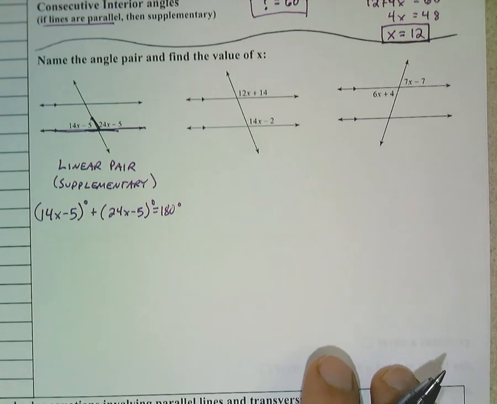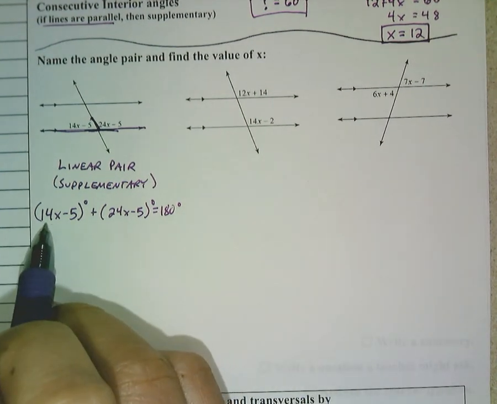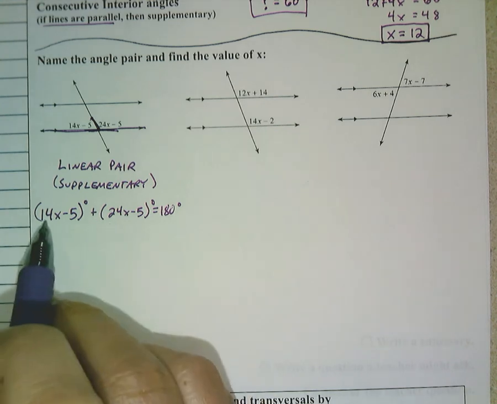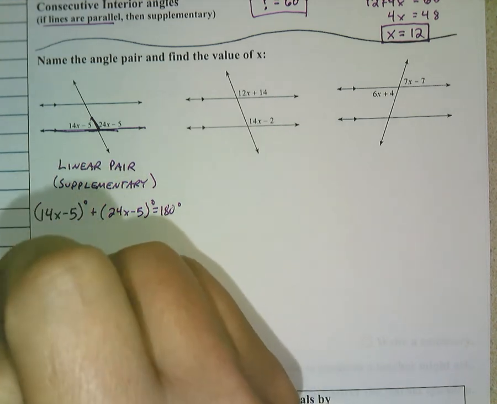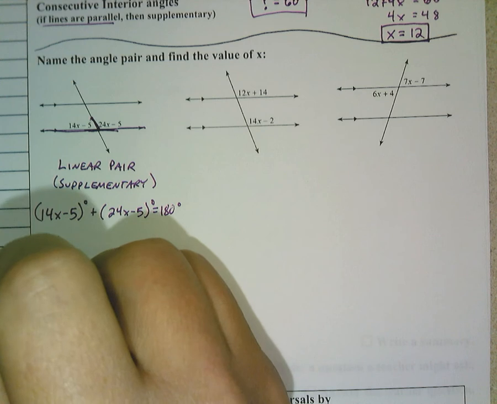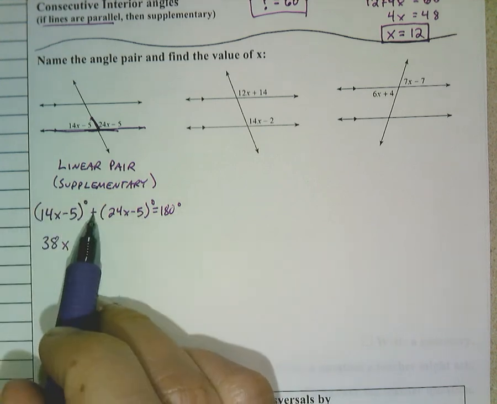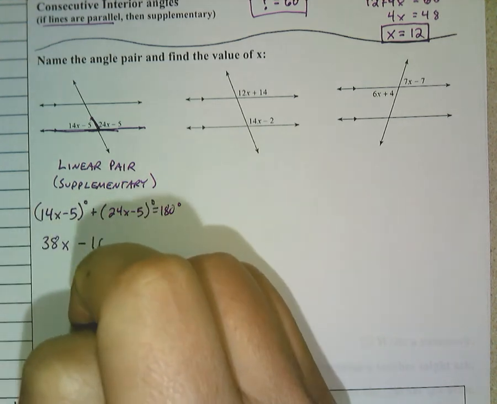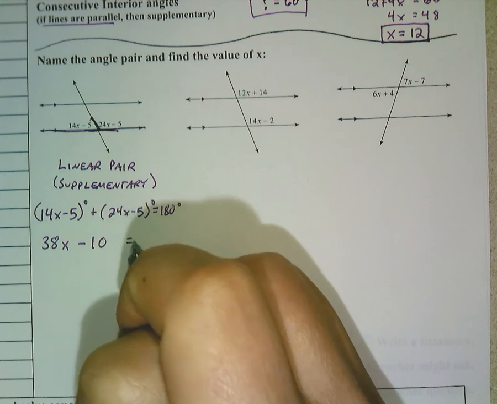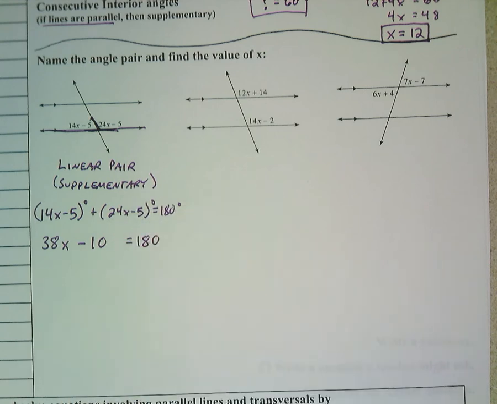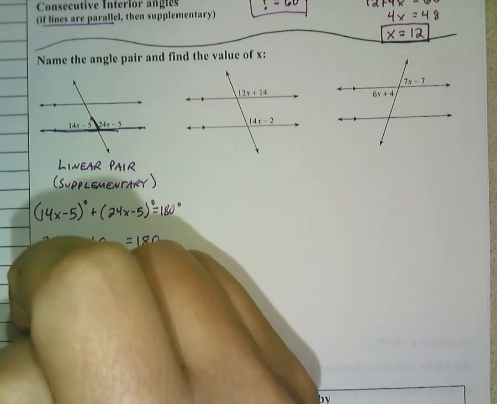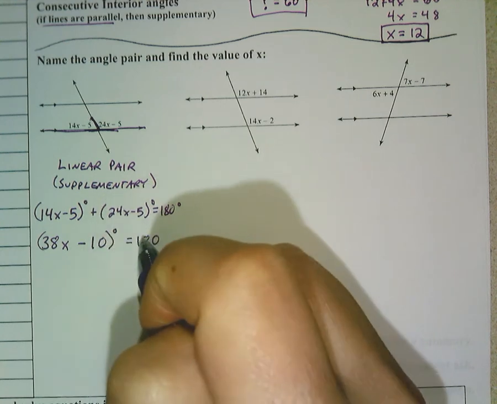So as I merge my like terms together, 24x plus 14x is 38x. Negative 5 plus negative 5 is negative 10, if we want to keep our degrees on there.